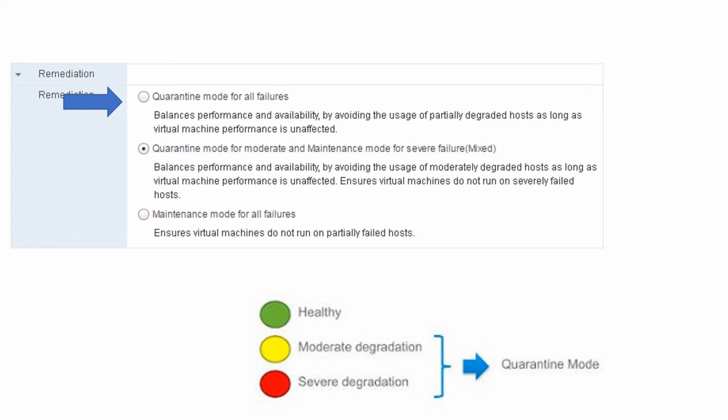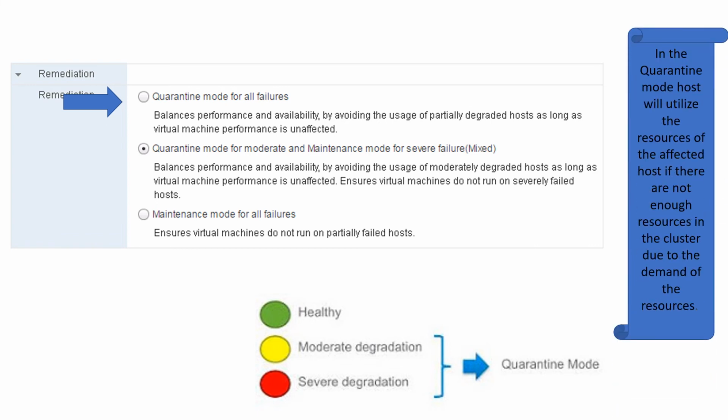One thing we need to understand in this quarantine mode is, suppose the cluster is running out of resources, then it won't completely move all the VMs to the other ESX servers. Instead, it will move some VMs and, to overcome the resource crunch, keep the rest of the VMs inside that quarantined ESX server.